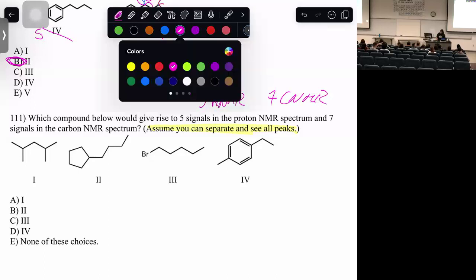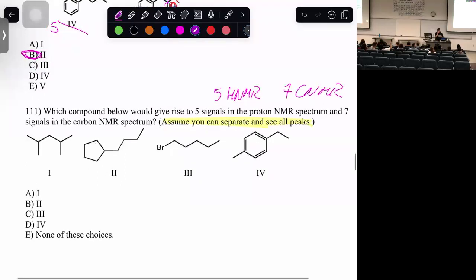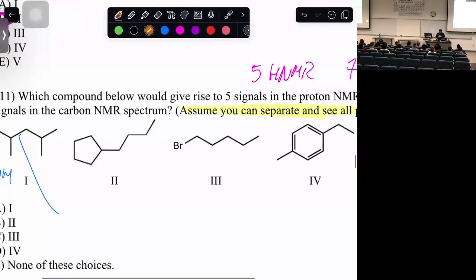Okay. Now, how did you guys start solving this question? Did you look at HNMR, CNMR? HNMR. Okay, let's start looking at HNMR. So let's go molecule by molecule. In molecule 1, how many signals do you see? 3. So doesn't match. We discard it. Option B, how many do you see? We have 1, 2, 3, 4.